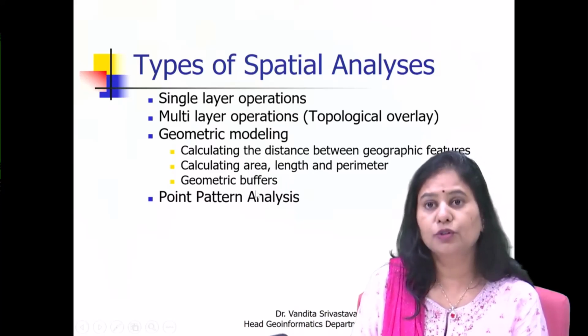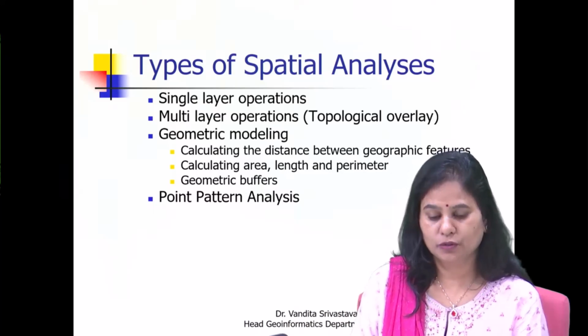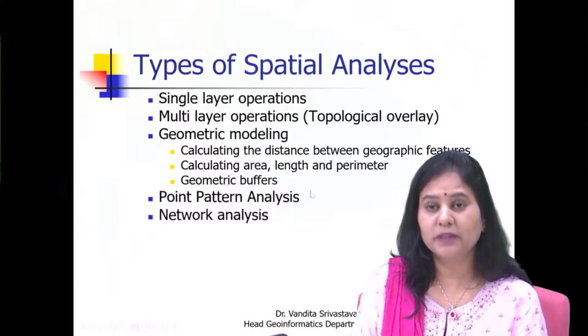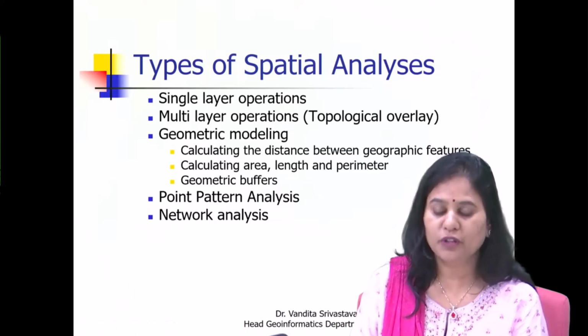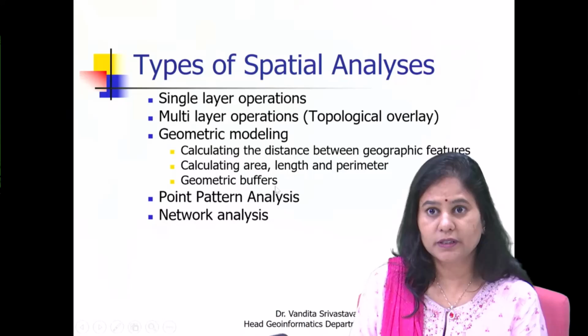Then you could also carry out spatial analysis for point features. That is called point pattern analysis, which basically is a set of various indices that you could calculate for the point features. Then for studying the line features, we have network analysis.